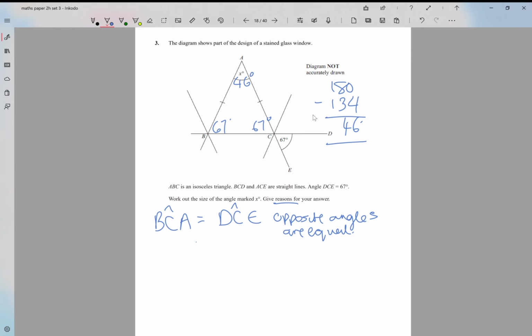Next one, angle CBA equals BCA, and that's because of isosceles triangle.